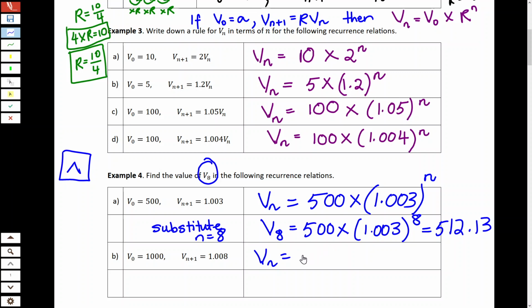Okay, let's bring it back. Let's do the next example now. So here, I've changed the numbers. This time, V0 is 1,000, and I've got an error here. Did anyone spot it? I didn't write VN here.